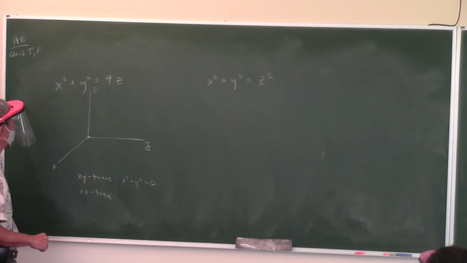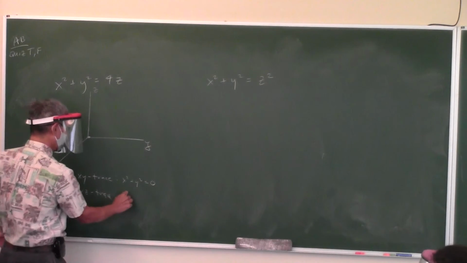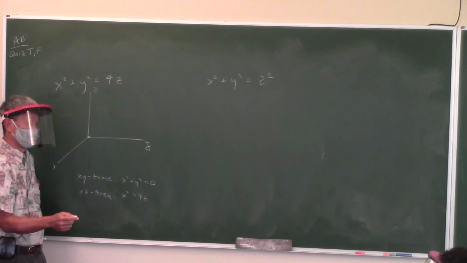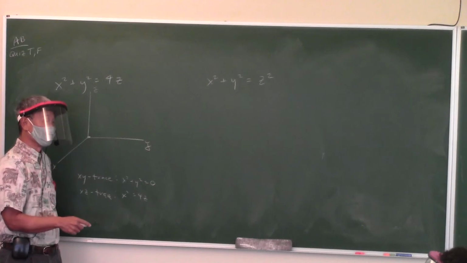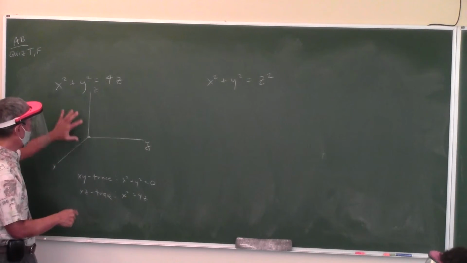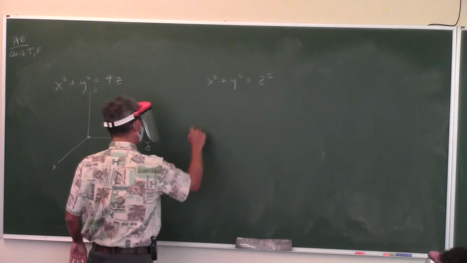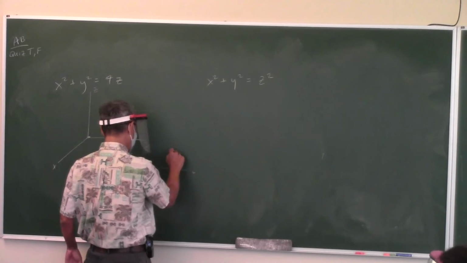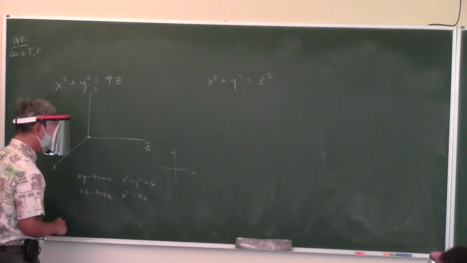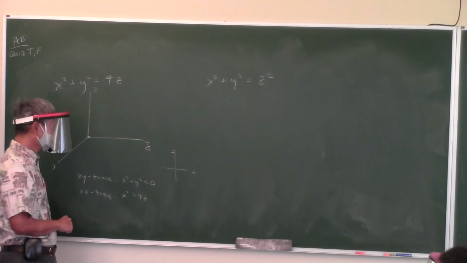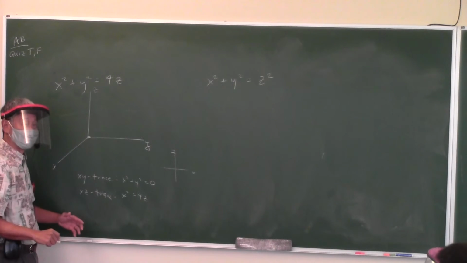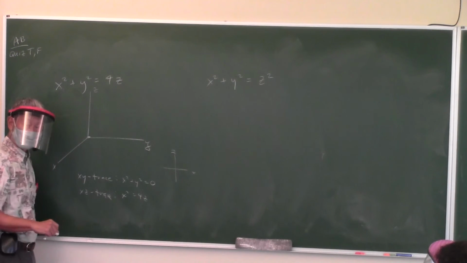XZ trace. X squared equals 4z, which is a parabola. In the XZ plane, which way does this parabola open? Up, down, left, or right?